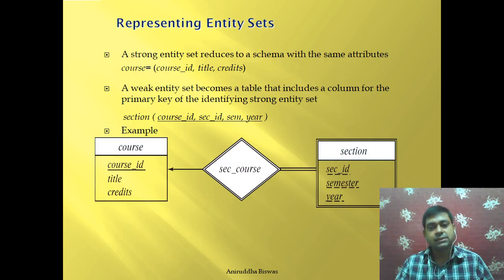Now, let me brief you about the interpretation of an ER diagram into a database schema. A strong entity set reduces to a schema with the same attributes. Let's say here we have the course, that is a table.